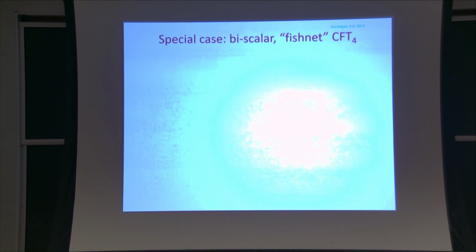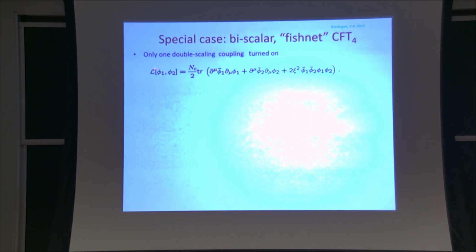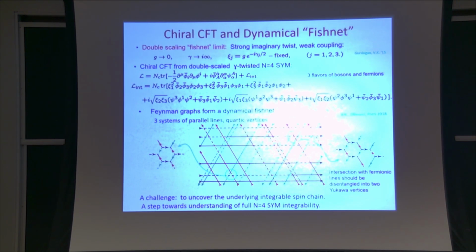Okay, now the biscalar theory. Here I tune only one single coupling, say Xi3, which I call Xi here. Then, as you see here, all terms die except one, because Xi1, Xi2 I put to 0. So all these terms die because they contain it.